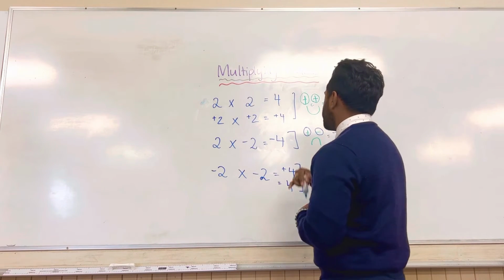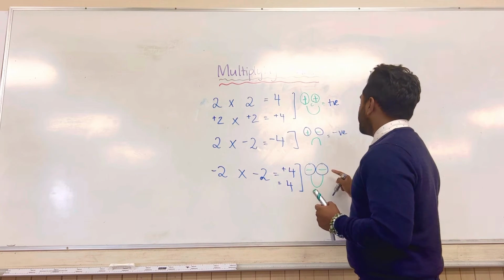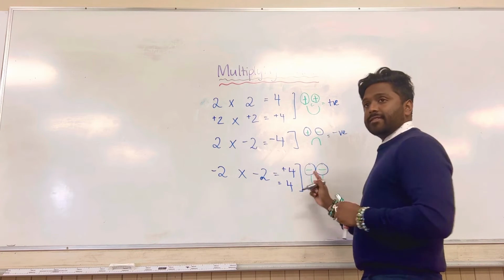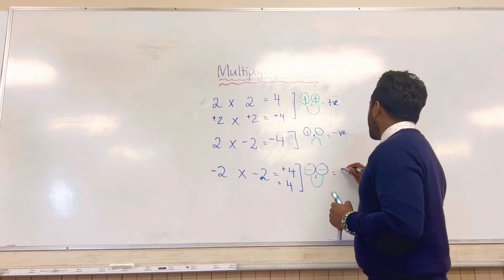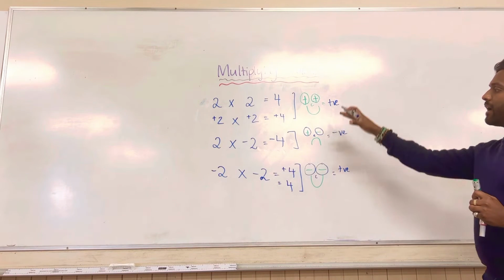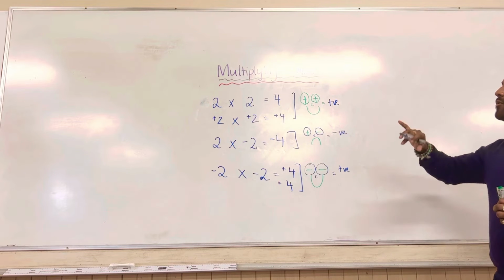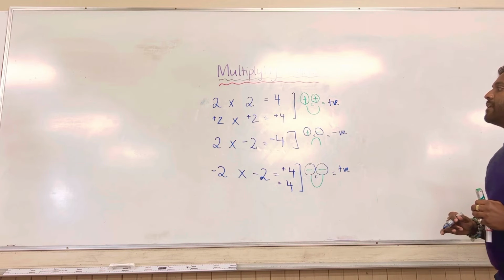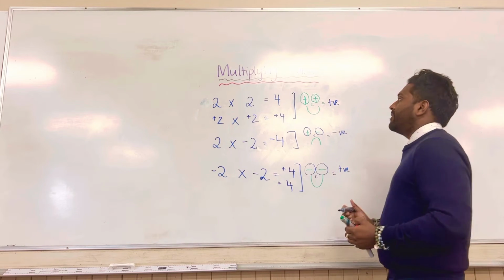Now, in this situation, you also have two signs that are negative. They're both the same looking eyes, so you're going to be feeling positive about it, okay? So that really covers that whole entire topic with multiplying positive numbers, positive and negative, and then negative and negative numbers.